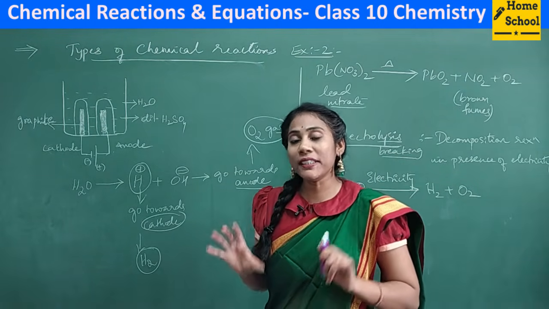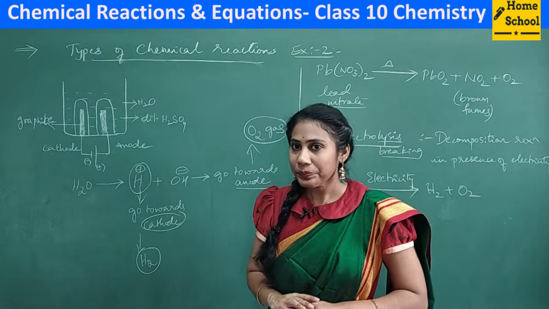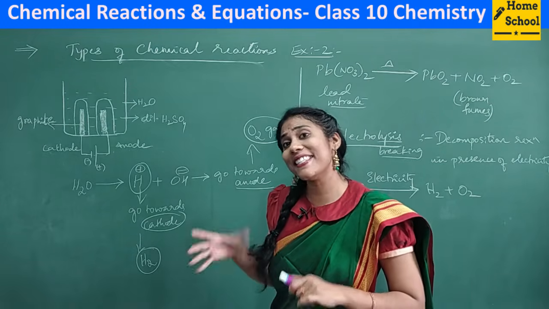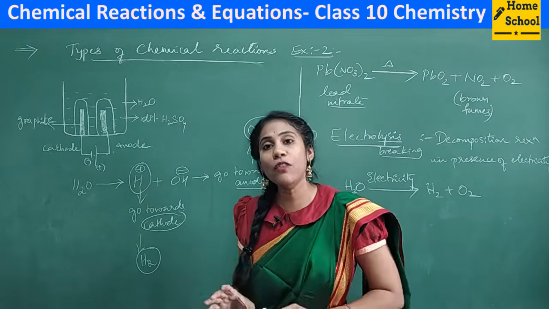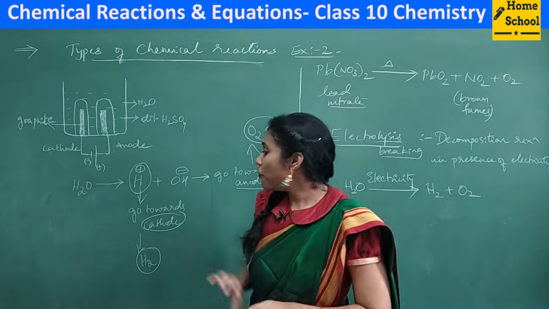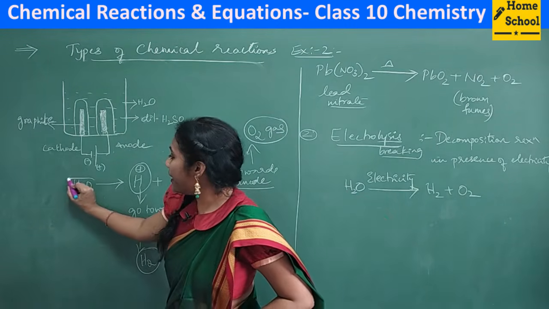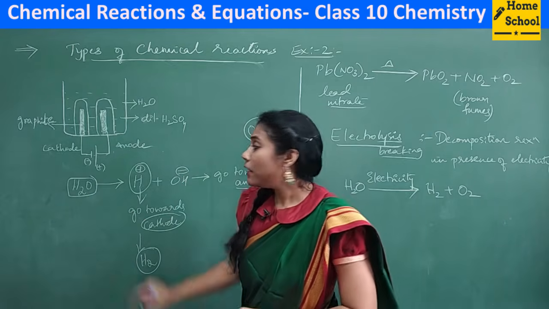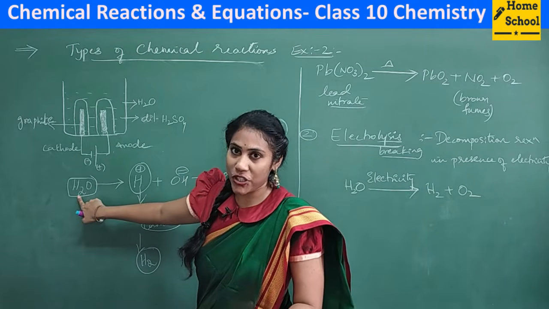One question I'll ask you. Do you get both gases in equal amount, in equal volume? No. Why? Because if you see the formula of water, more hydrogen is there.